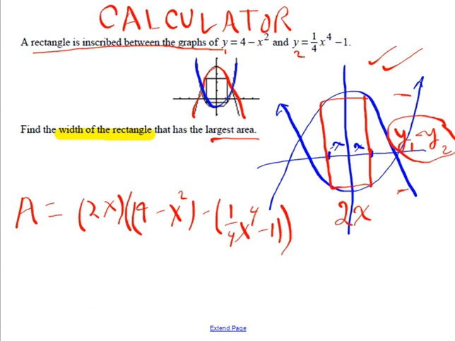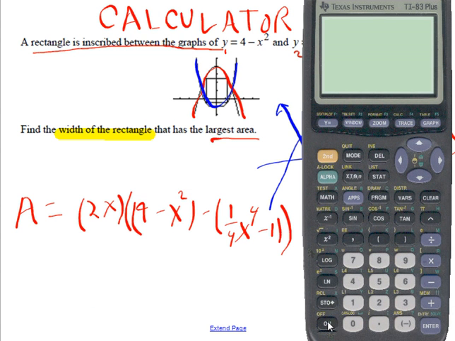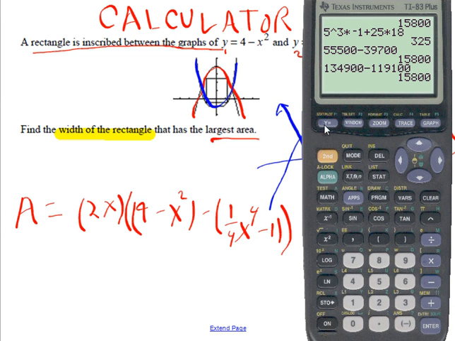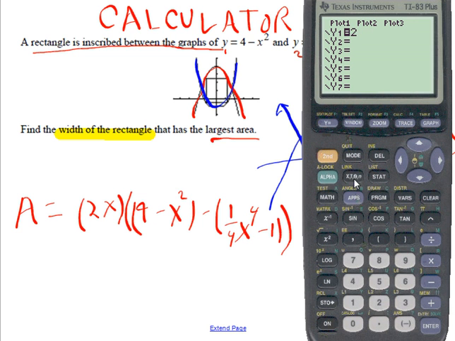Well, since we can use our calculator, anytime you can use your calculator, there's no need to do unnecessary work. So what we could do is just go to our calculator and graph our area function without doing any work.